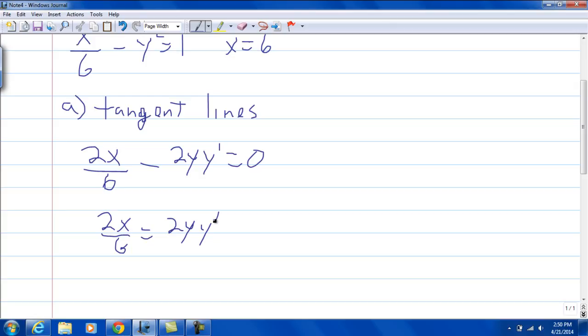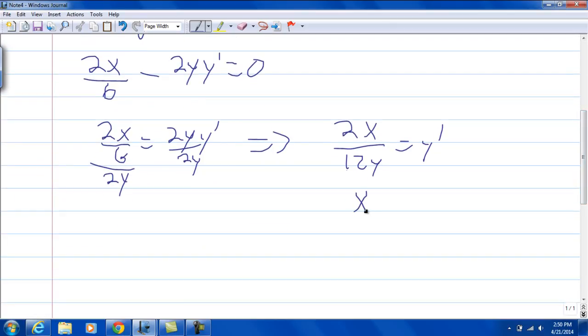If we divide both sides by 2y, then we have 2x over 12y equals y prime, or x over 6y equals y prime.